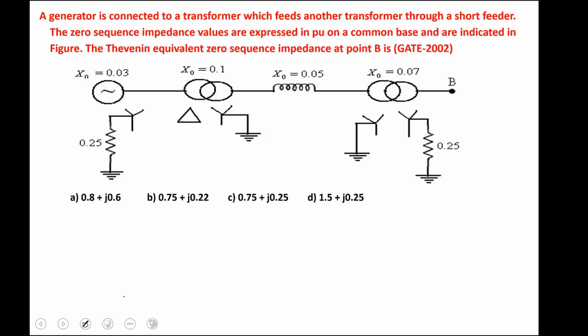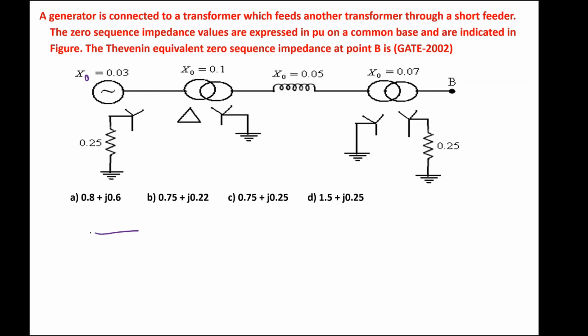First, which element is present? Tell me, the first element is what? Alternator. The zero sequence impedance of the alternator is 0.03. This alternator's star point is grounded through a resistor which is 0.25 per unit. So first, if I draw the zero sequence network for this alternator, it will become what?